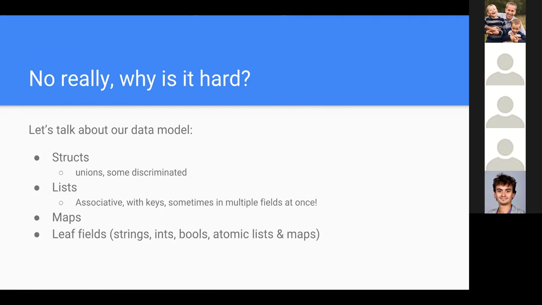Those are strings, numeric types, integers, or floats. I think JSON lets you encode floats as well. Booleans, atomic lists, and maps are both treated as leaf fields. And for our purposes here, strings includes both byte arrays as well as enums.